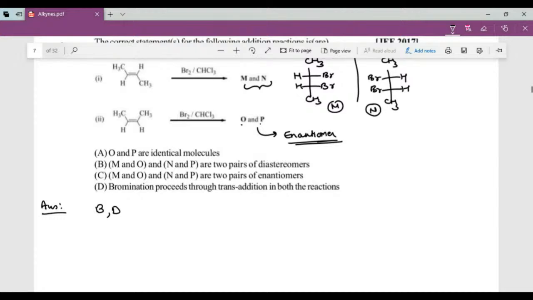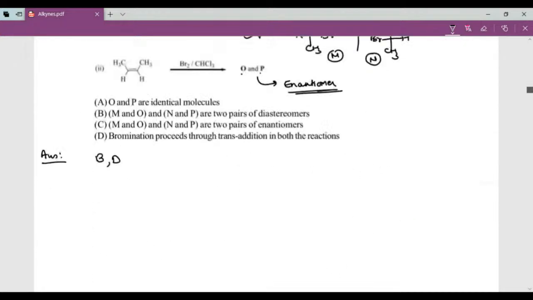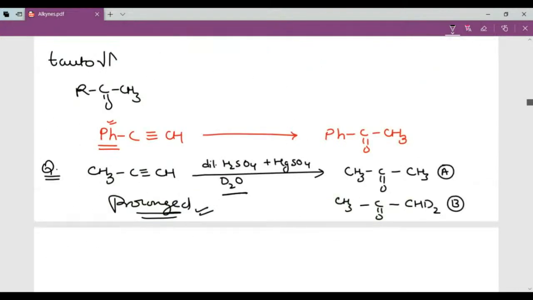MO and NP are 2 pairs of enantiomers. That is wrong because they are not enantiomers, they are not mirror images. Bromination proceeds through trans addition in both the reactions. That is true. So the answer is B and D. These were some of the past questions on this concept.